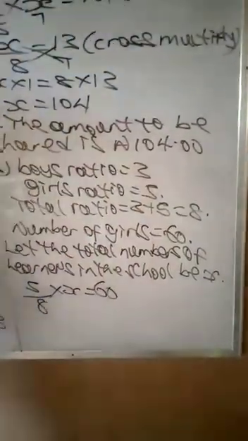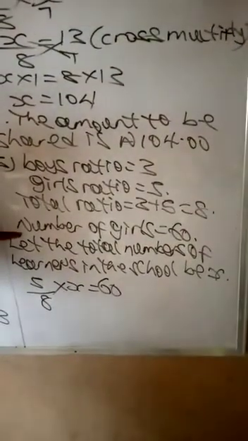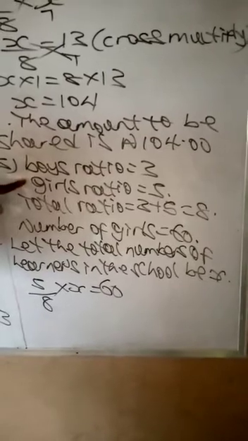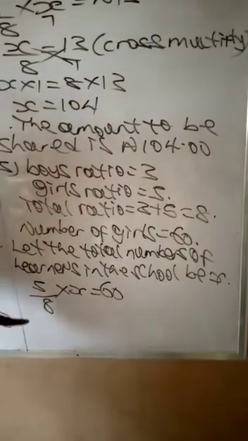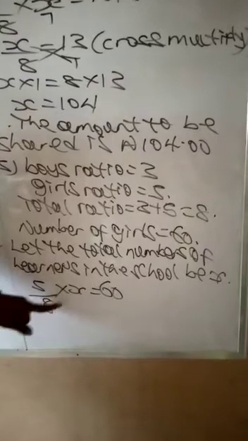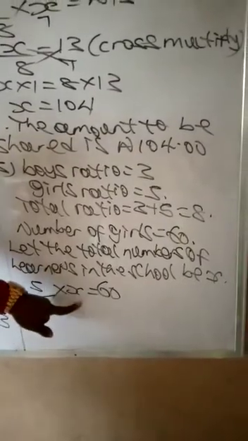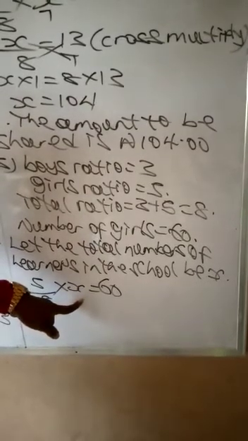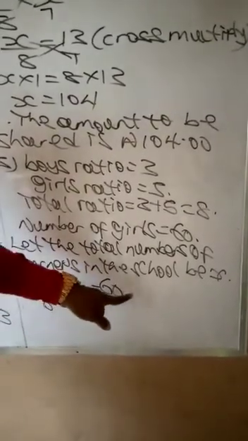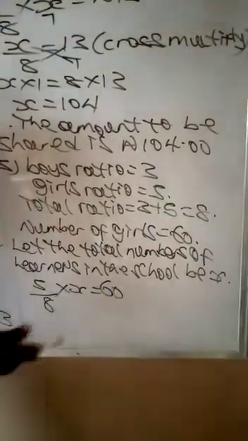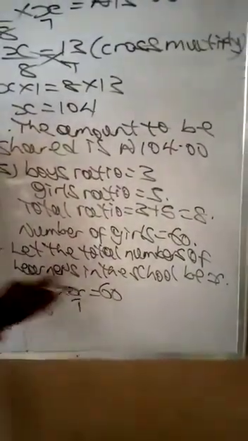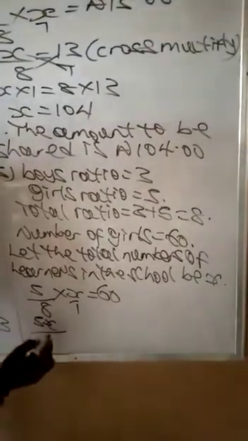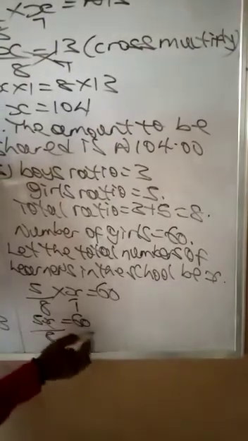Let me take it again. If you look at the question, the number of girls is given to us. So we're going to use the girls' ratio over the total ratio times the total number of learners in the school, equal to the number of girls. We multiply the numerator. We are going to have 5x over 8 equal to 60 over 1.